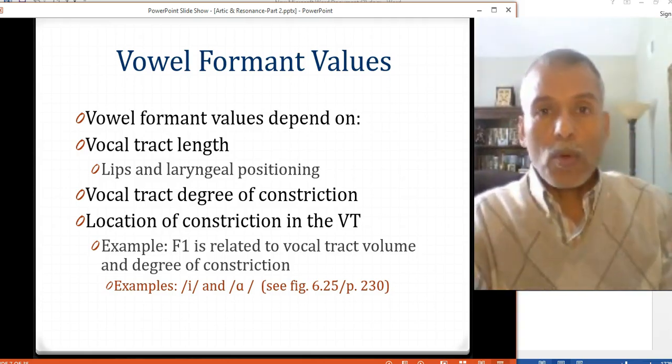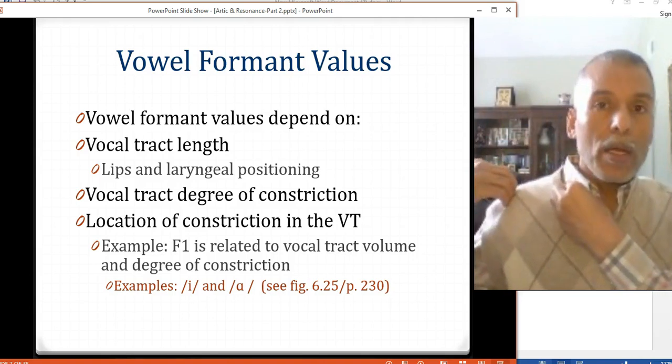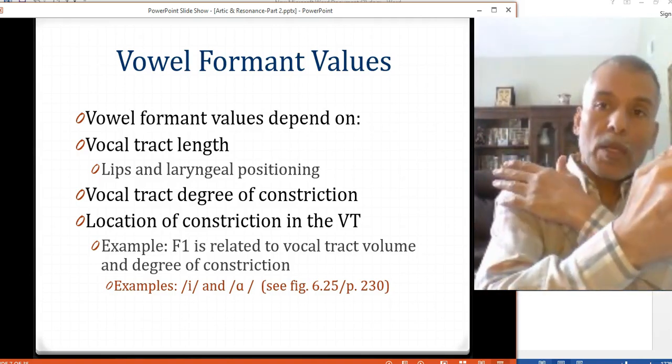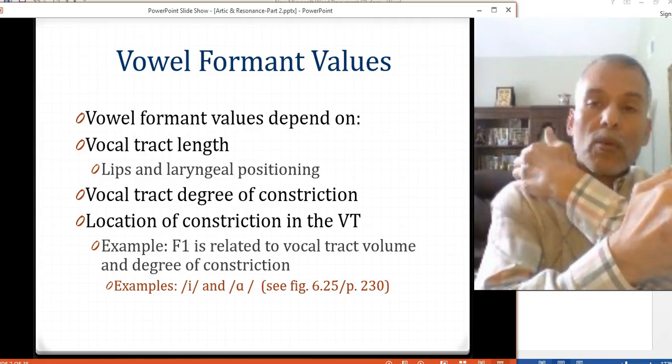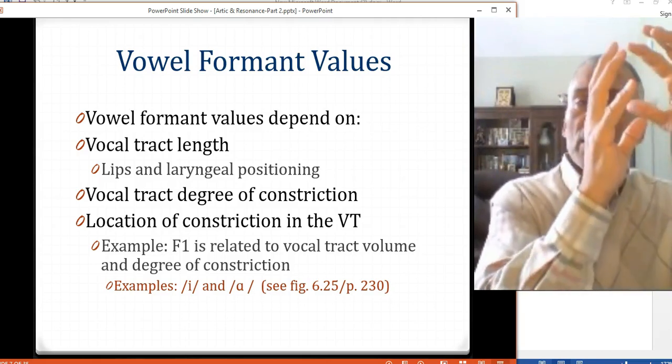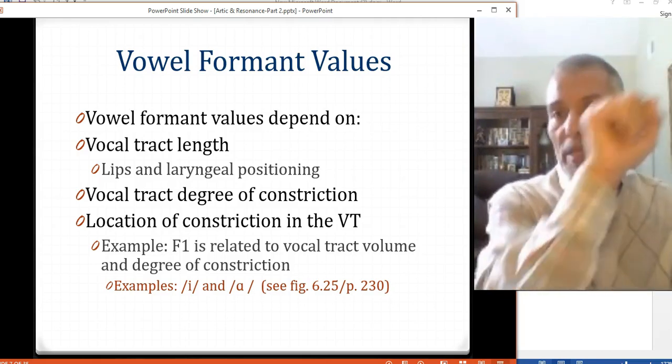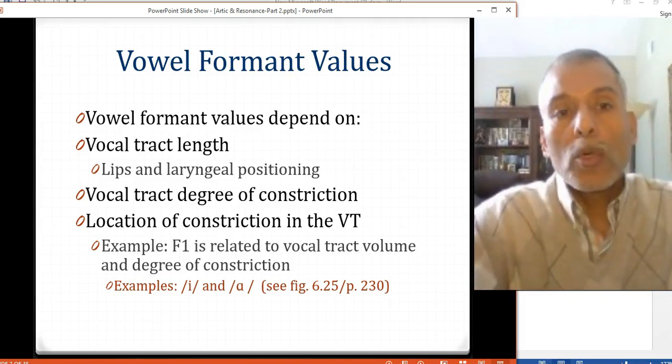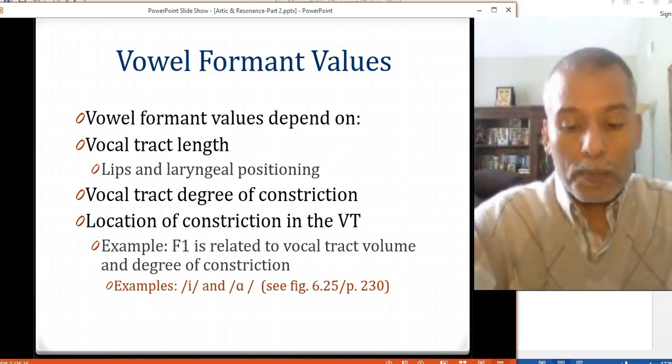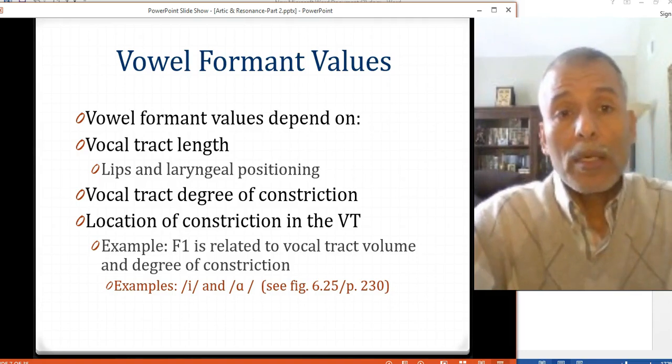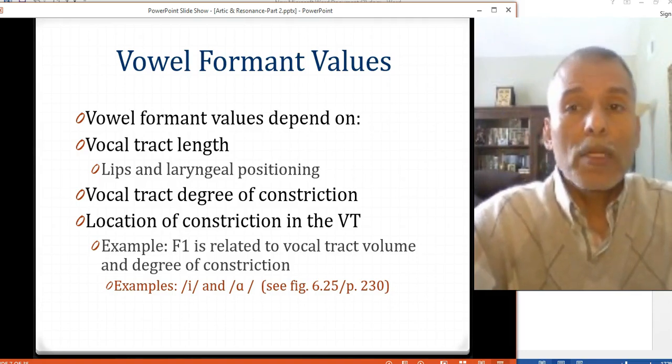The tongue is a flexible organ. If it moves out of an area, it leaves it empty. It creates more room when it leaves, and it makes a constriction in the area that it is going to go to. So when we say high front, it is near, close in the area of the alveolar ridge where F2 is going to show.